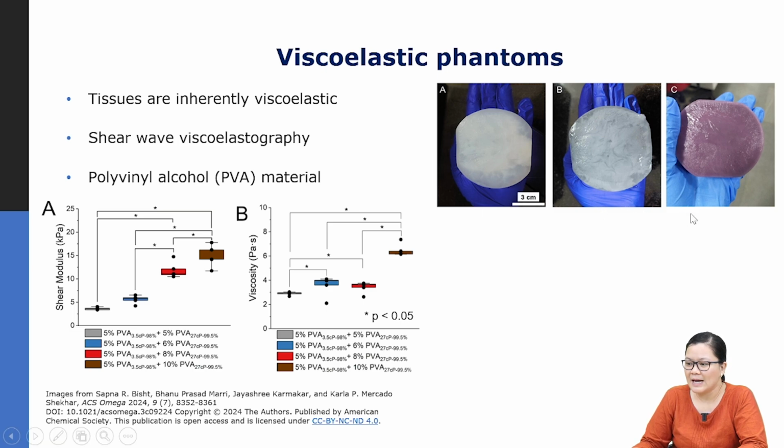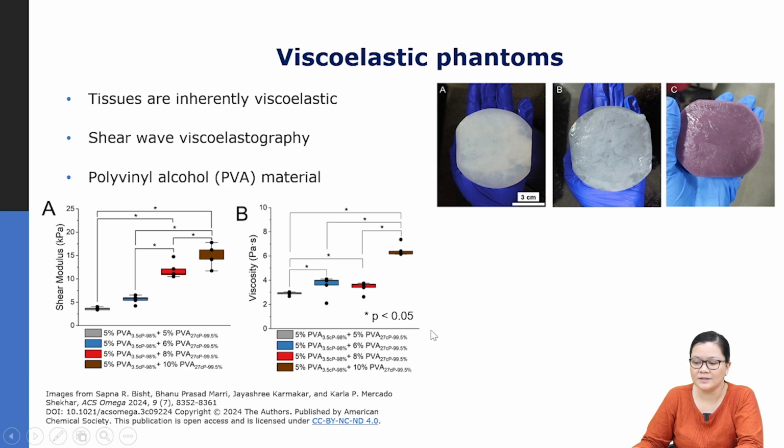Here's just an example of what these viscoelastic phantoms would look like. You can make these phantoms in the lab, and you can add cryoprotectant of different colors to make them look like actual tissue. Using viscoelastography algorithms, you can measure the modulus according to the recipe or the concentrations of PVA that you are inputting into your phantom, and also the viscosity.